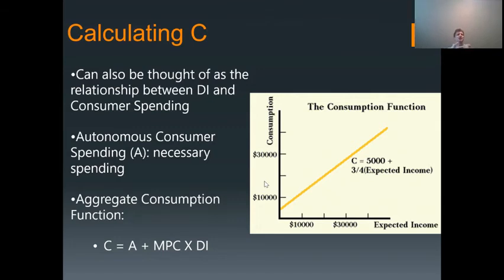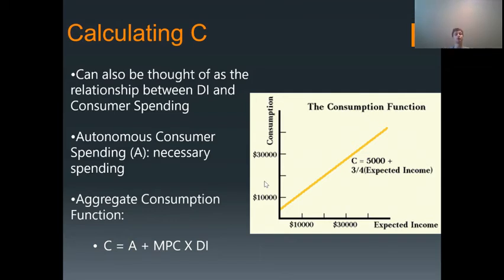So if we think about that in our econ terms, it's the relationship between your disposable income and your consumer spending when factoring in all of the stuff that we just discussed. So you have autonomous consumer spending as that y-intercept. That's the necessary spending, and once again, that does include government spending.